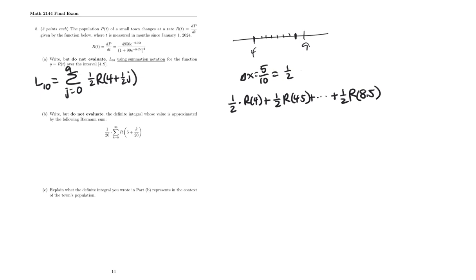Because when I plug in 9 for J, I'm going to get 4 plus 9/2, and that equals 8.5. So that is my left-hand sum.